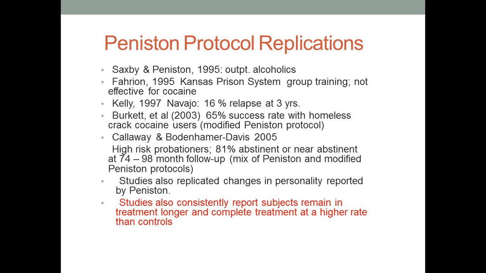Here are Peniston protocol replications, and you can look down through there. My wife, Callaway and Bodenhamer-Davis. Jeannie's lab actually started to follow up Peniston's work. She'd gotten a grant from the Texas Commission on Alcohol and Drug Abuse, TCADA.